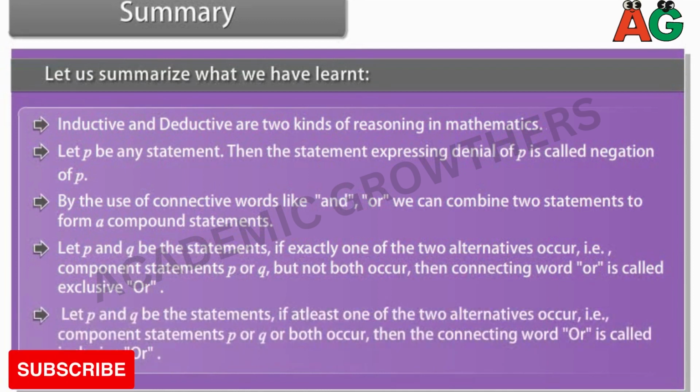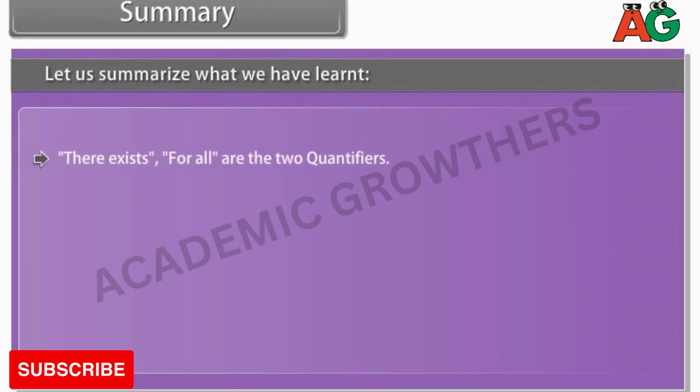Let P and Q be statements. If at least one of the two alternatives occurs, that is, component statements P or Q or both occur, then the connecting word or is called inclusive or. There exists and for all are the two quantifiers.